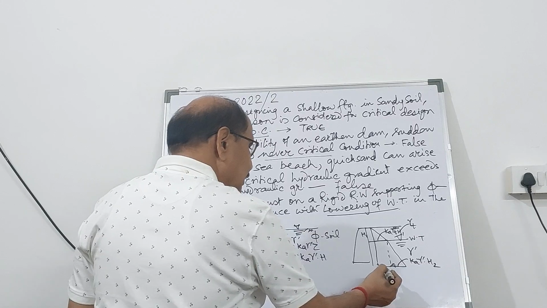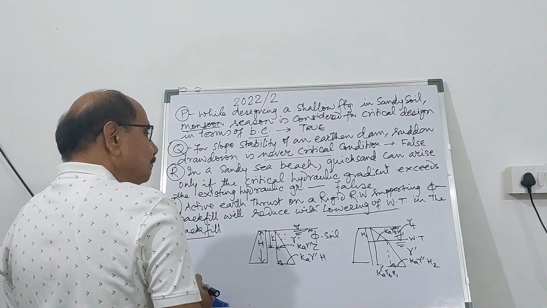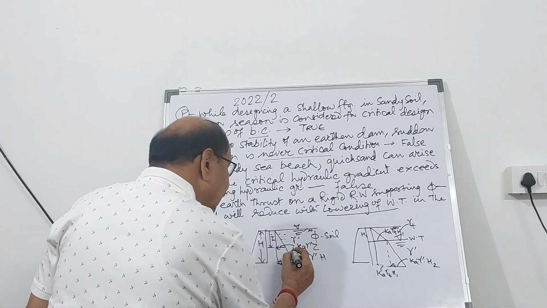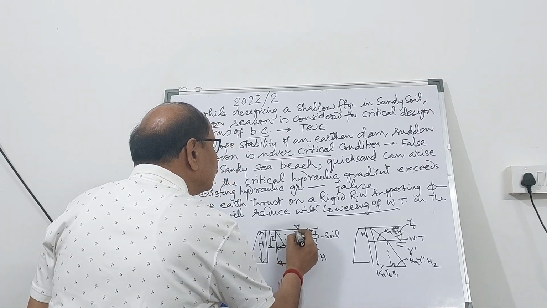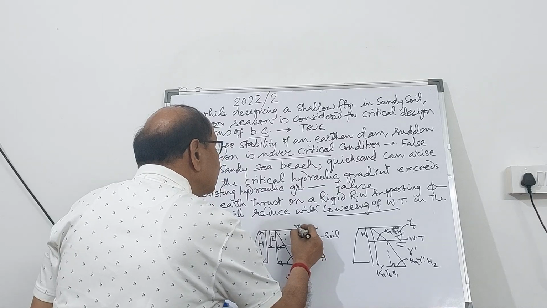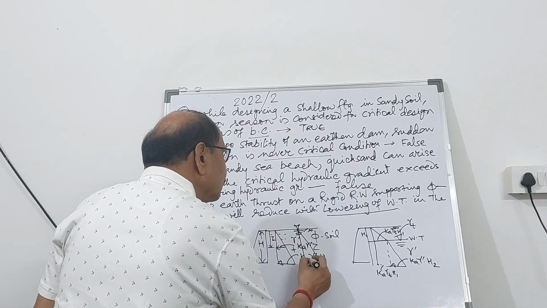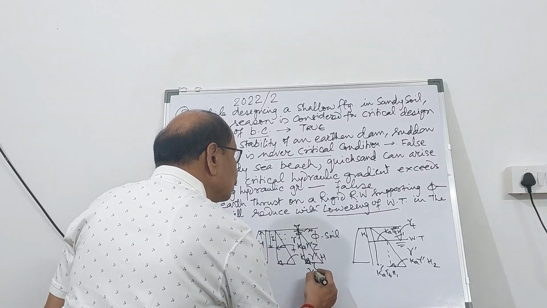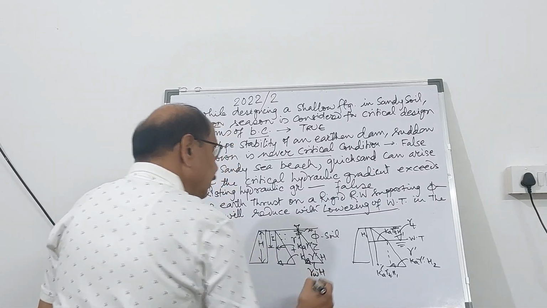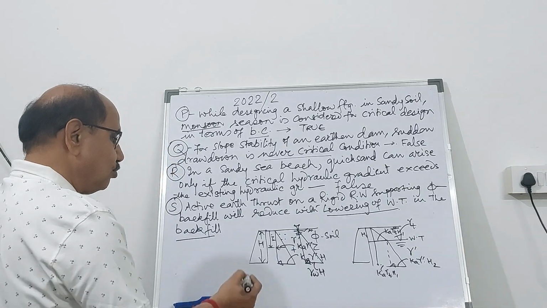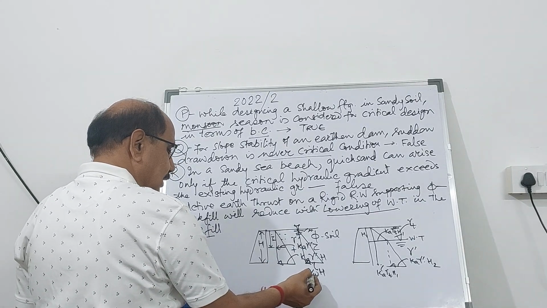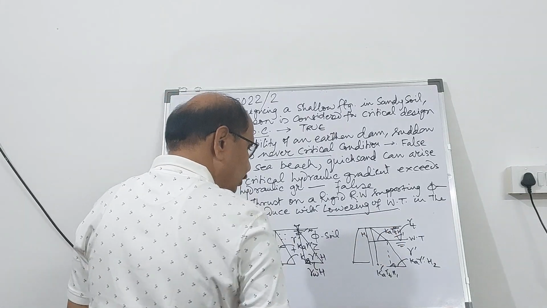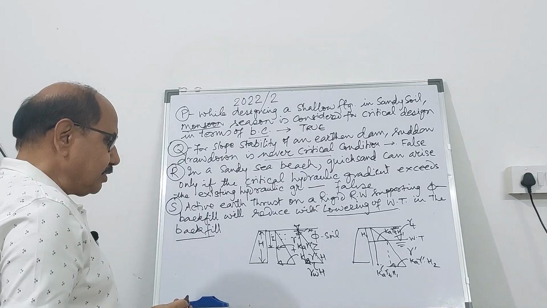With lowering, the pressure is increasing. So here it will be plus the pressure due to water also. So here Kw is going to be 1. So gamma W into H. And gamma W is going to be this half of the total unit weight, almost 50%.